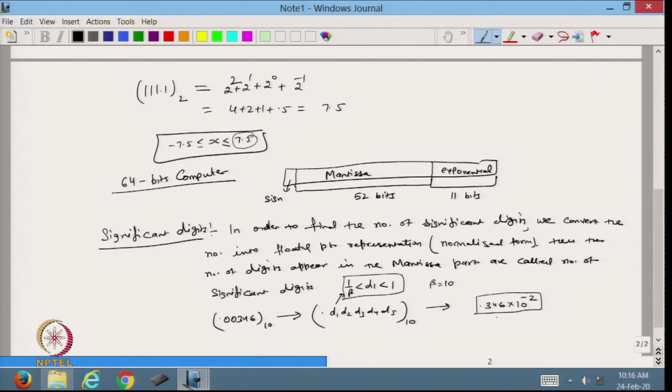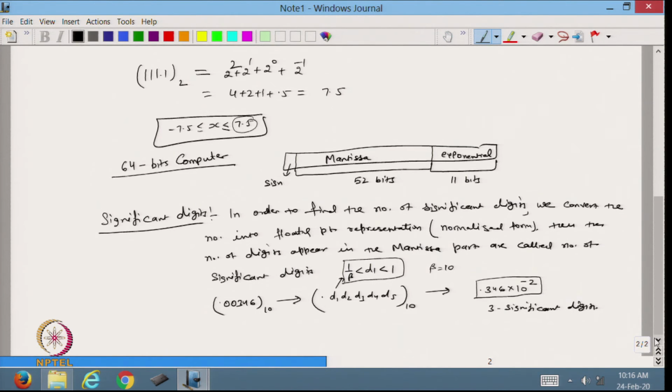From here I can say that this number has 3 significant digits, because there are 1, 2 and 3 digits. Similarly, suppose I have a number like 0.200346 times 10 raised to power 2.